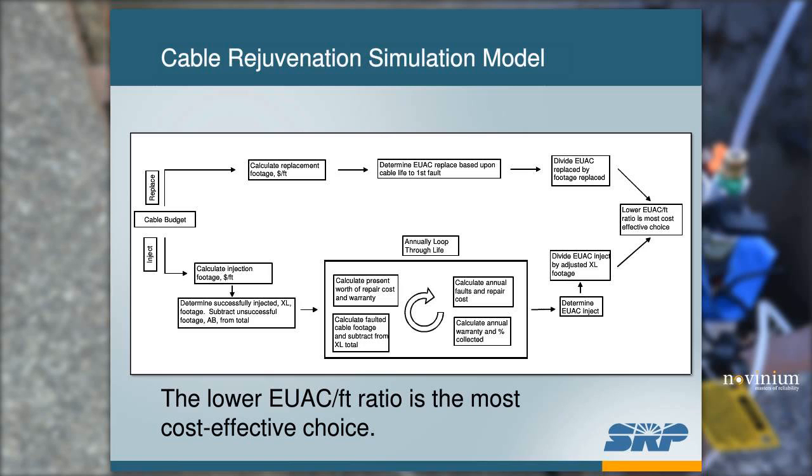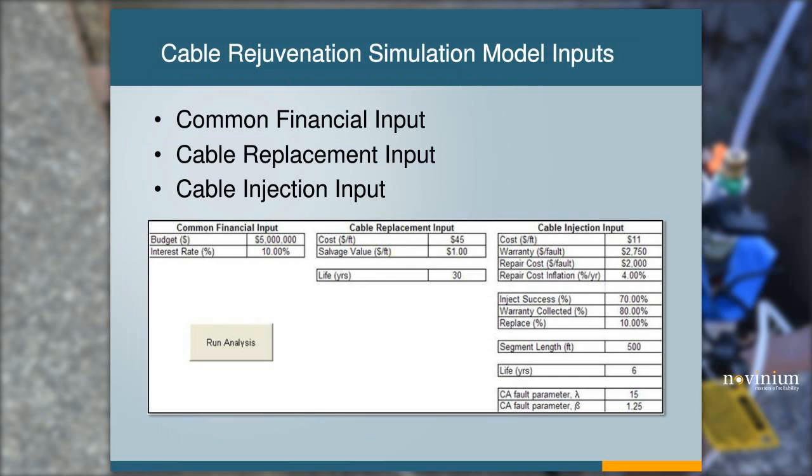For every cable that faults, we're going to subtract out a certain amount of footage from that cable, and it can vary anywhere from 0 to 100%. And then we're going to calculate a present value, then roll that up into an equivalent uniform annual cost, divide by that remaining viable footage, and then again compare that equivalent uniform annual cost per foot to the replacement.